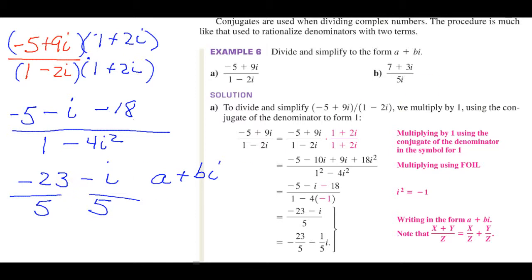Put the negative sign between them and make that, in a sense, a positive that we don't write. So there is our answer in standard form, and we've used the conjugate to get our imaginary number in the denominator to make it a real number. Okay.